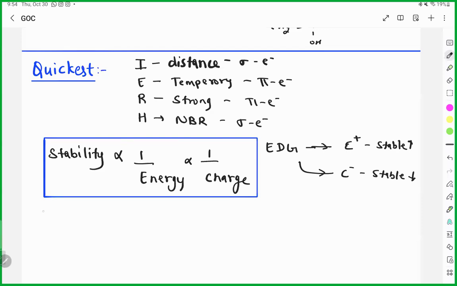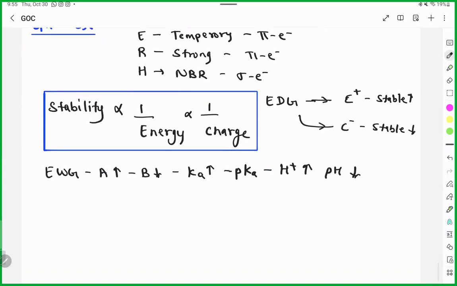Electron withdrawing group increases acidic character, decreases basic character, increases Ka, decreases pKa, increases H positive ion, and decreases pH. The opposite is the same for everything.